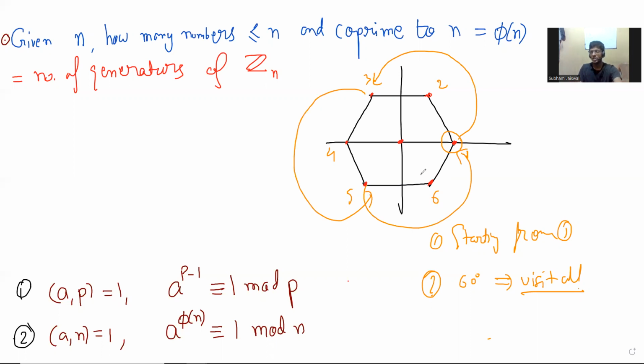So can anybody tell which angle will make you visit all the vertices? 60 degrees certainly works, but is there any other degree by which you can rotate? Yes.